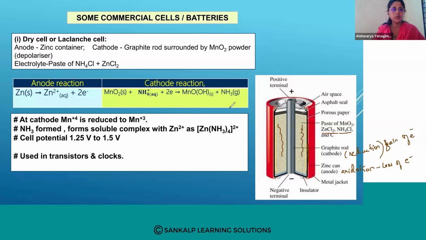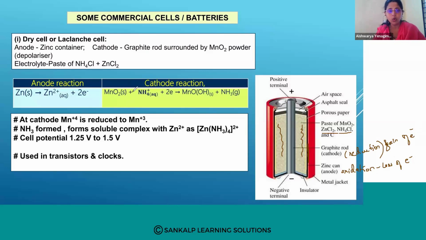With this basis, we'll see here. At the anode, you have taken zinc. So solid zinc will lose electrons and form Zn2+, and 2 electrons are lost. At the cathode, those 2 electrons are gained. What is my cathode here? MnO2 is taken.